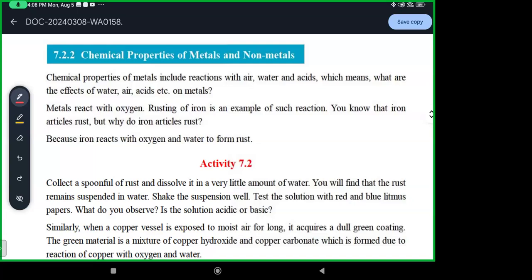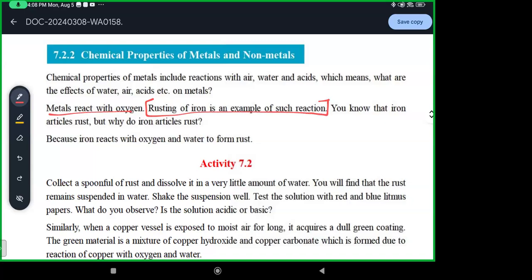So what happens when we have to see its reaction with air? Metals react with oxygen. Rusting of iron is an example of such reaction.